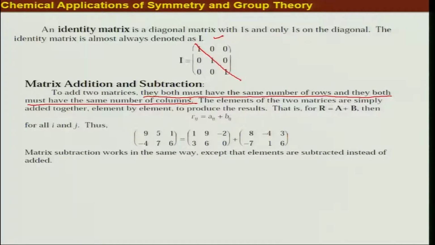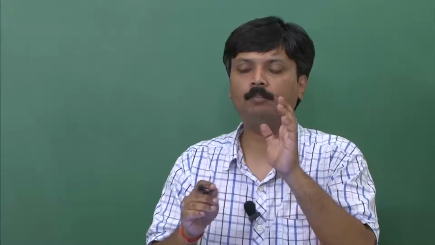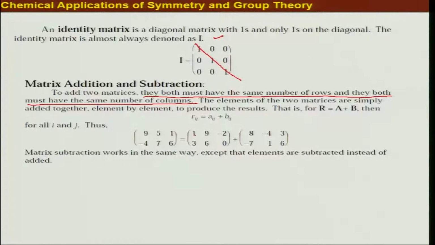Okay, the reason is this: for any addition, the elements of two matrices are added together, and this is done element by element. So if I have a matrix like shown here, in the first row 1, 9 and minus 2, and the other matrix has 8, minus 4, 3, I can map 1 to 1. So 1 plus 8, 9 plus minus 4 and minus 2 plus 3. So I can have this one-to-one addition or one-to-one subtraction.